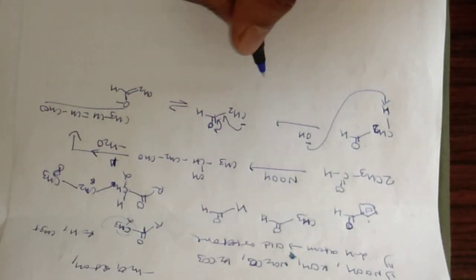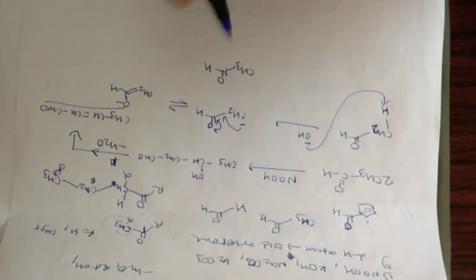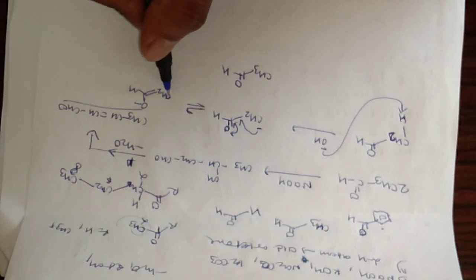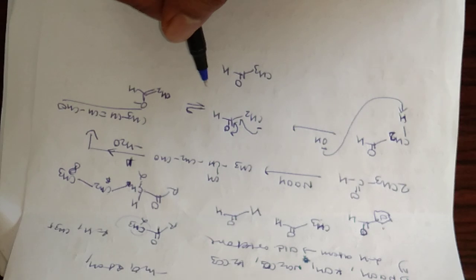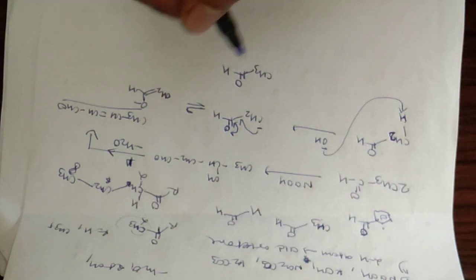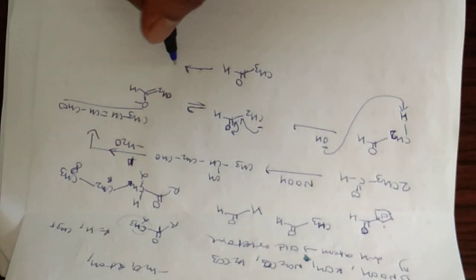Now what happens next? Another molecule of acetaldehyde comes into the picture. If these structures are in equilibrium, which will act on the other? This carbon is electron deficient. How can we draw it?